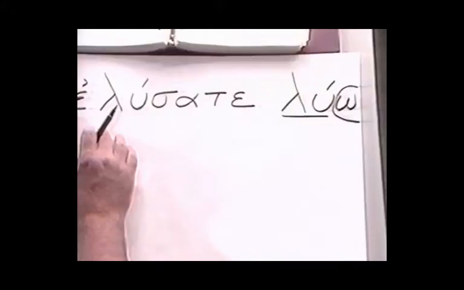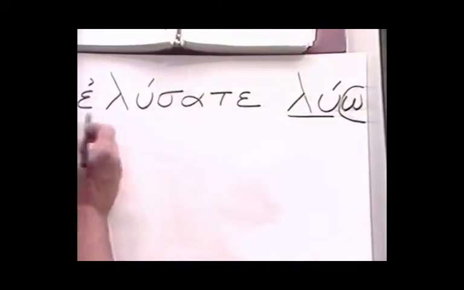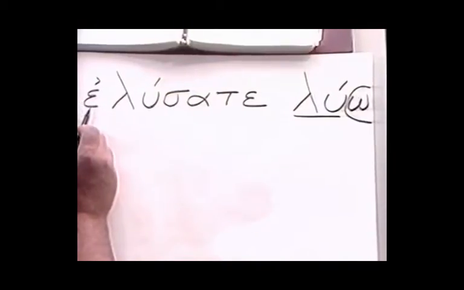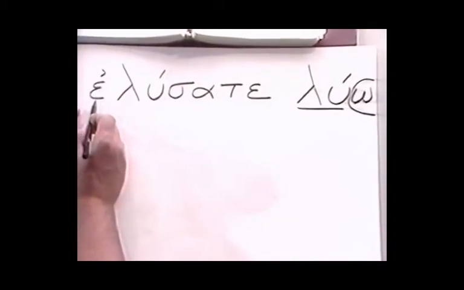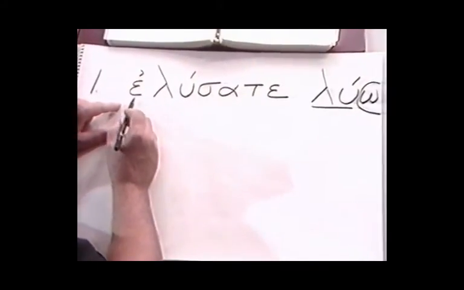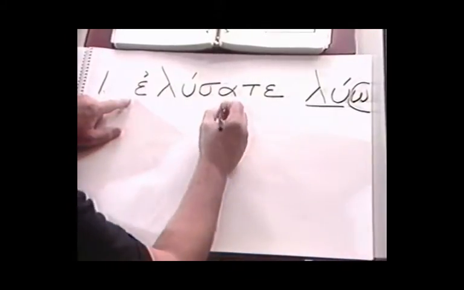Step number 2. Is there an augment? As you look at this verb form, elusate, can you hear the augment in front of the verb? Yes, there is an augment. And if there is an augment, we know that we're dealing with the indicative mood. Why?